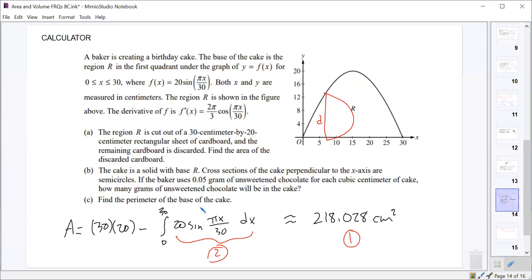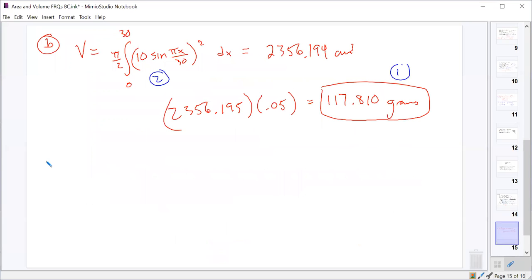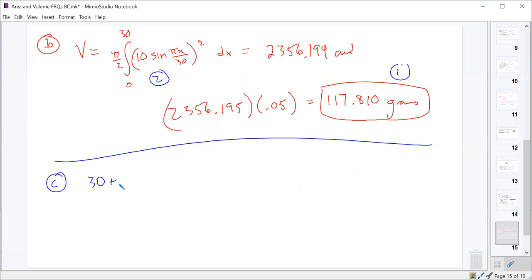All right, and then lastly, we want to find the perimeter of the base of the cake. Well, the bottom edge from 0 to 30 ought to just be 30. And then we'll use the arc length formula for the rest of it. So part C should be 30 plus the integral from 0 to 30 of the square root of 1 plus f prime of x squared dx.